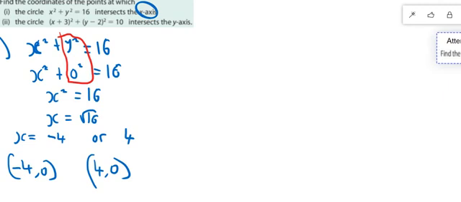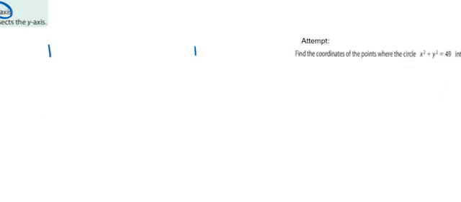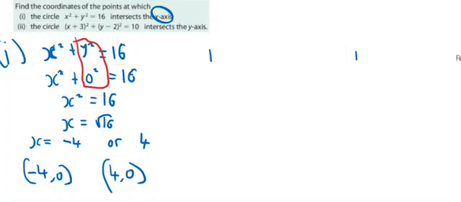Right, the second example then. The circle (x + 3)² + (y - 2)² = 10 intersects the y-axis.